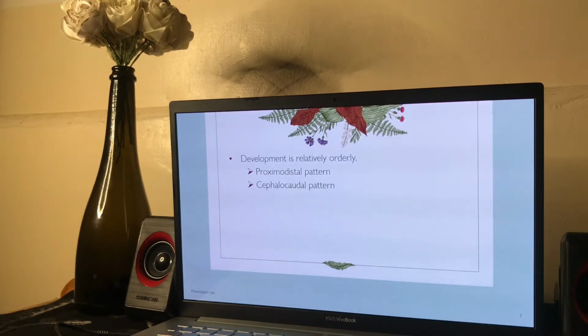First, human development is relatively orderly. It involves these two patterns, the proximodistal pattern and cephalocaudal pattern. The proximodistal pattern, which is the starting of the growth, and the cephalocaudal pattern, which describes the characteristics of human growth.